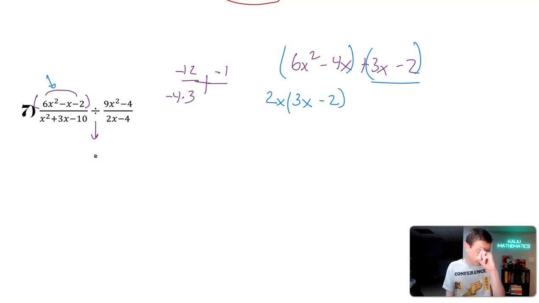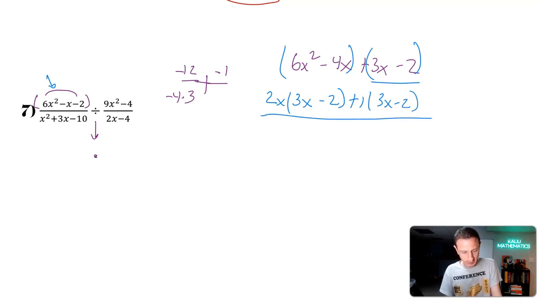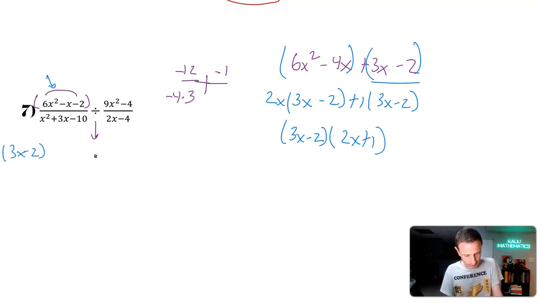From the second group, I don't have anything I could factor out, so I have to factor out something, and that's just going to be a 1. So 3x minus 2. And then I factor out the 3x minus 2, factor out the 2x plus 1. So I'm left with 3x minus 2, 2x plus 1.